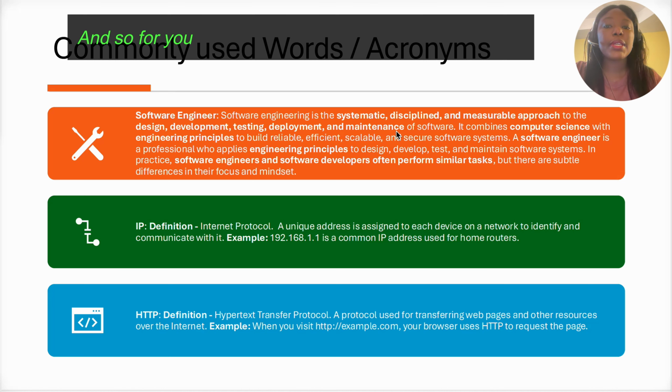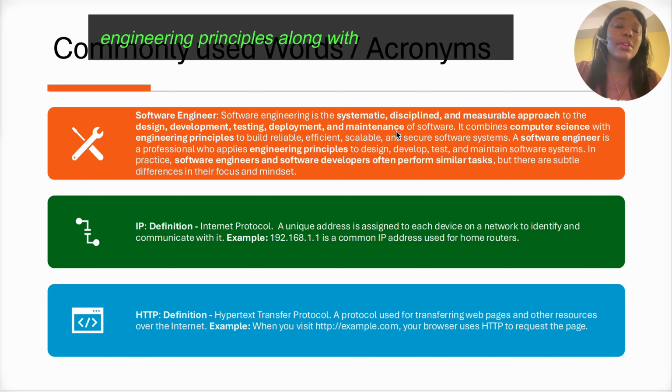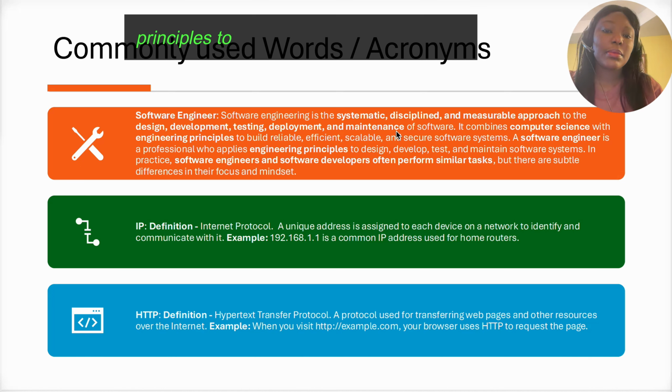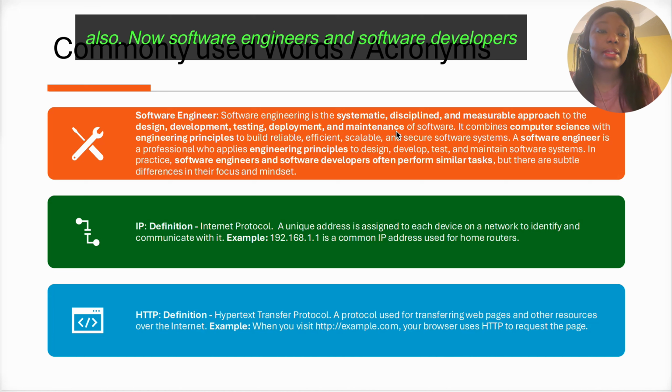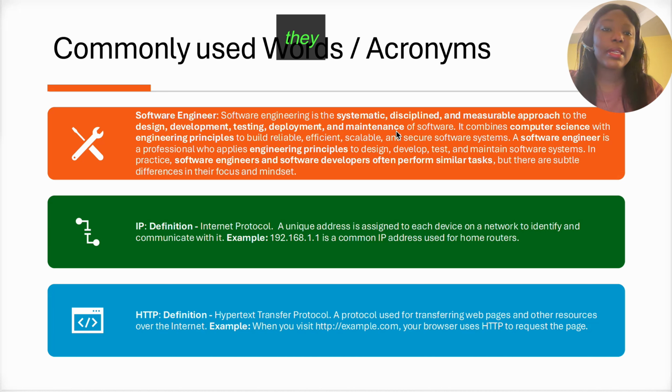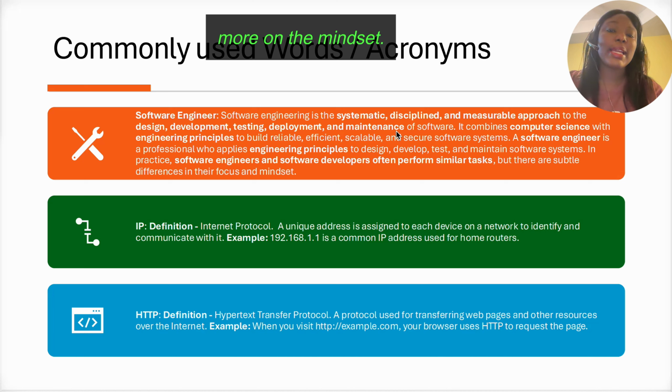And so for you to be a software engineer, you have to be able to use this systematic approach, combine engineering principles along with computer science principles to create systems that are more efficient and scalable and reliable also. Now, software engineers and software developers perform similar tasks, but their differences are more in the mindset.